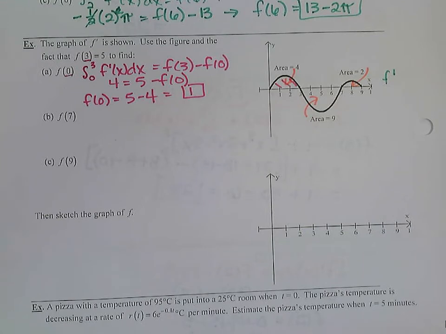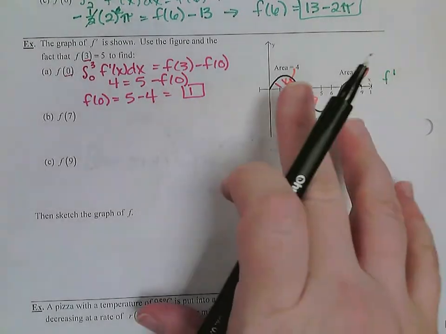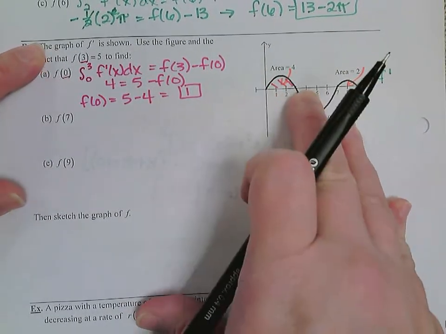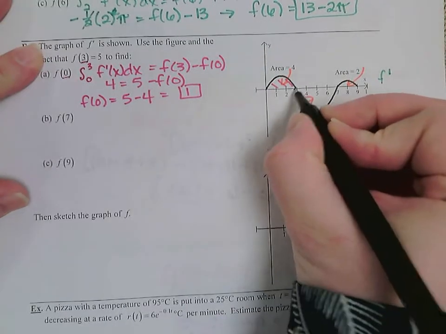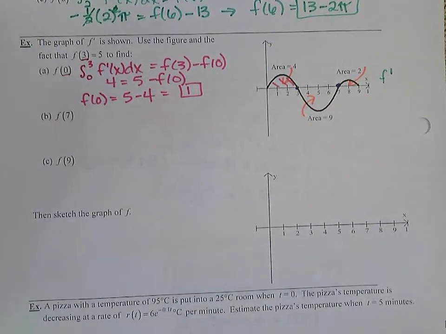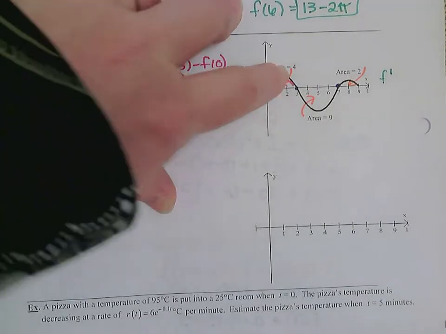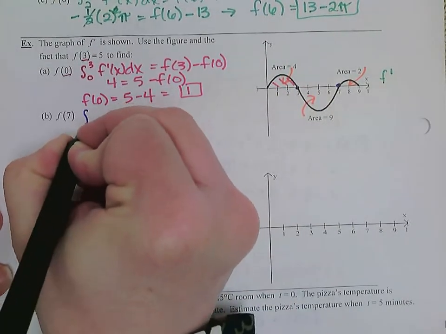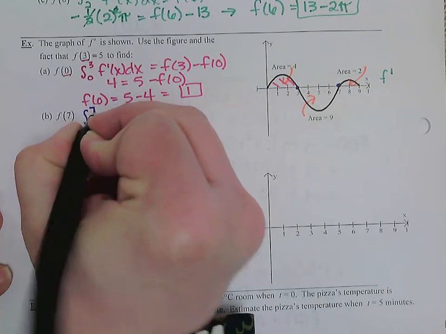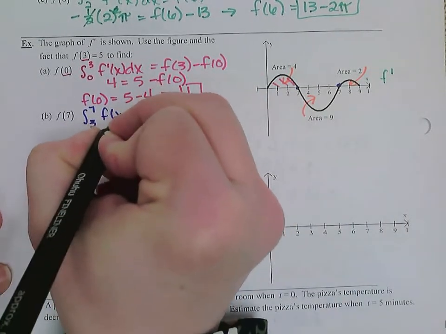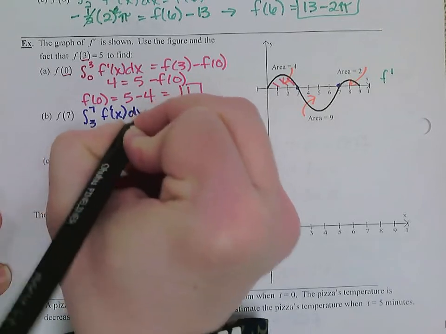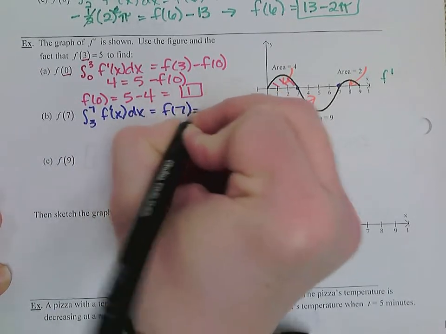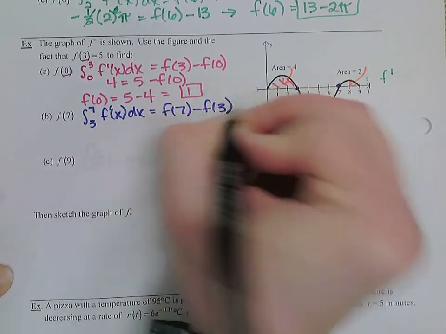For f of 7, we could start back at 0, but I'm going to start at 3 and look at it from 3 to 7 so that I don't have to add this 4 and subtract this 9. So I'm going to look at this as the integral from 3 to 7, f prime of x dx. It's going to be f of 7 minus f of 3.